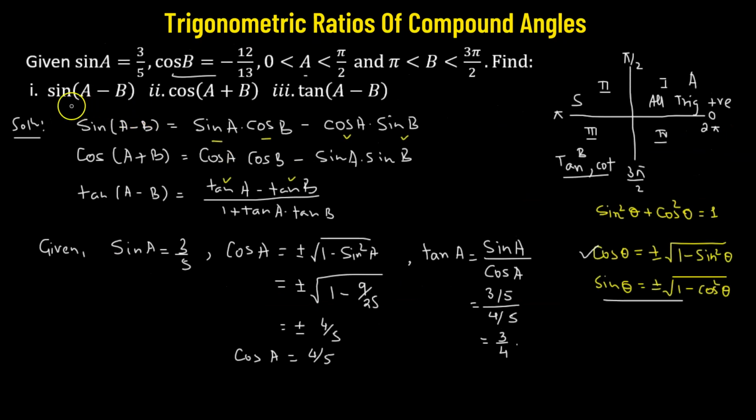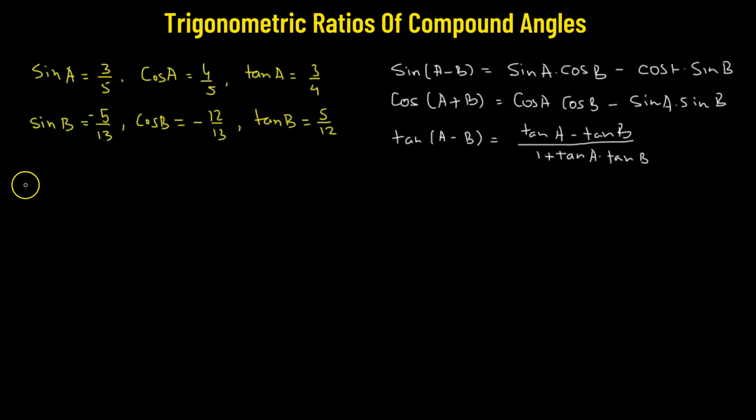We can use it to find out the respective values of 1, 2, and 3. So let's begin. We'll first start with the first trigonometric ratio, sine of the compound angle A minus B. So we have already specified the formula. We have the first term given by sine A multiplied by cosine B. So sine A, that's positive 3 over 5, multiplied by cosine B, which is negative 12 over 13.